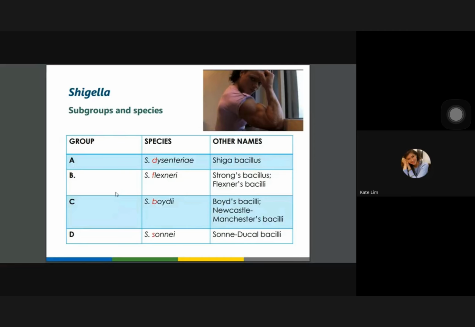Boydii has the Newcastle and Manchester bacilli, and sonnei is the Duval bacillus. Sonnei again is the most clinically significant bacterium among all the subgroups presented to you, and that is classified under group D.